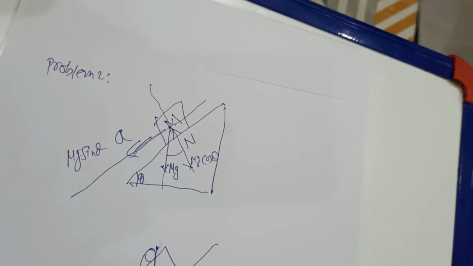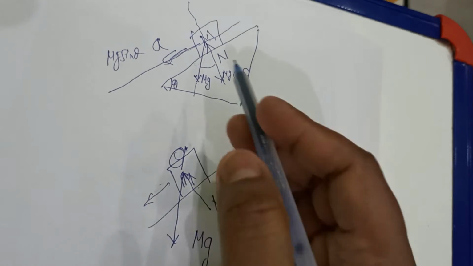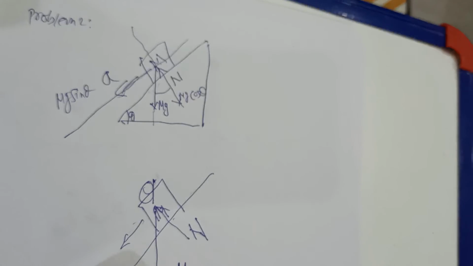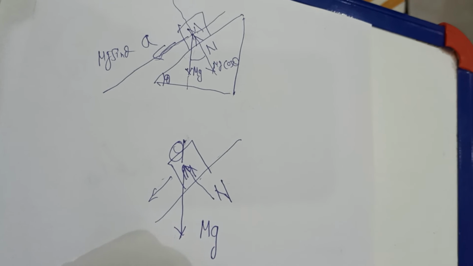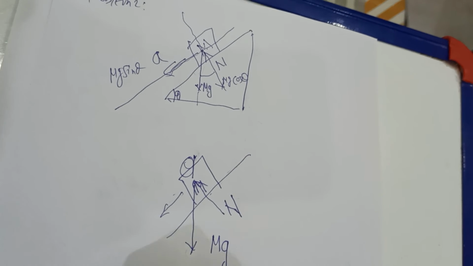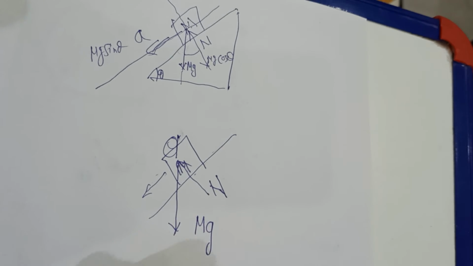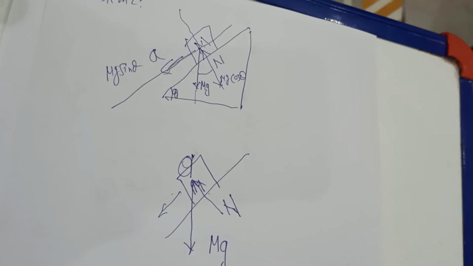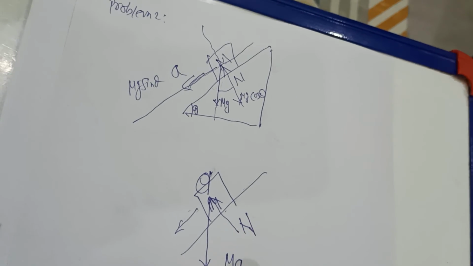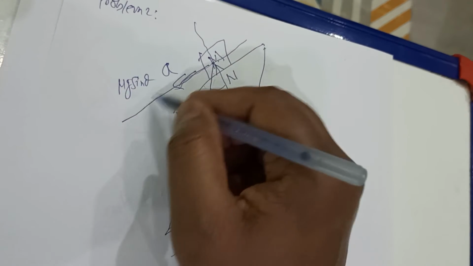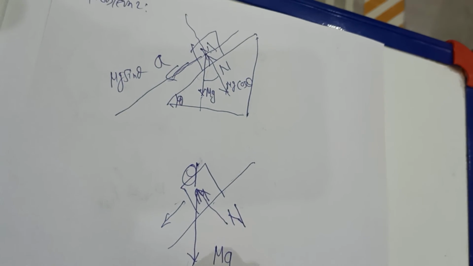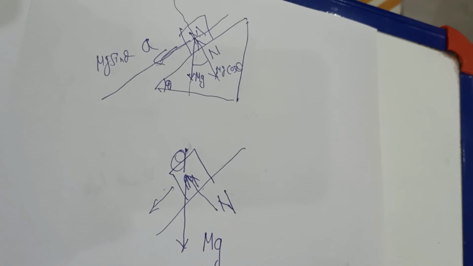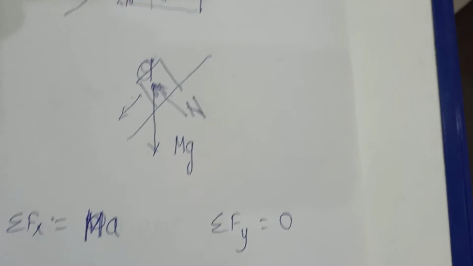Now we will apply Newton's second law: net external force along the x-axis is equal to ma, and along the y-axis this should be equal to 0.